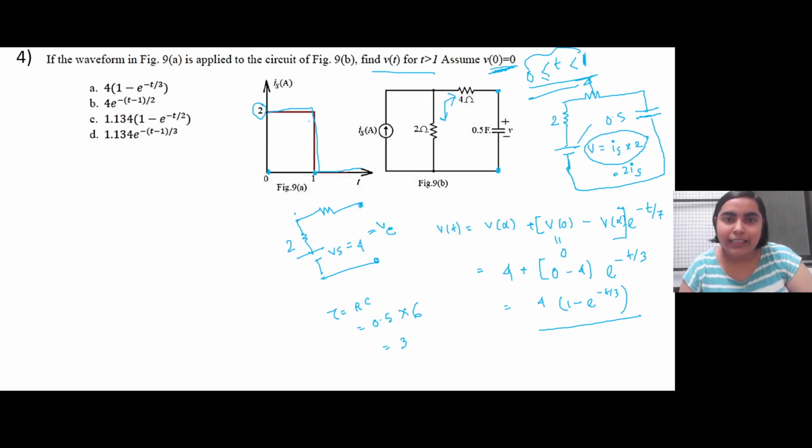So to calculate what happens for t greater than 1, we need to find what was the condition at t equal to 1. So v of t equal to 1 will be 4 into 1 minus e to the power minus 1 by 3. So let us just calculate this. 4 into 1 minus e to the power minus 1 by 3.